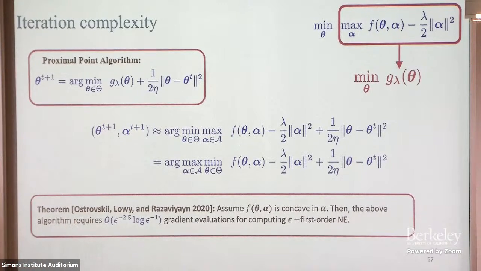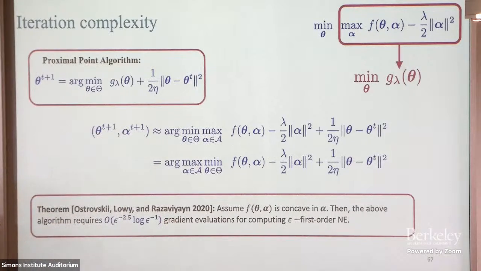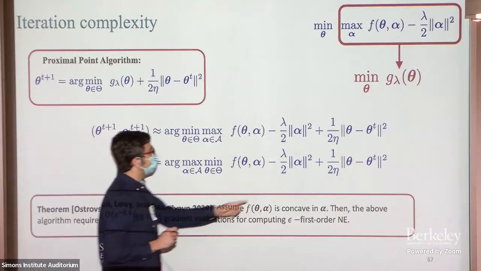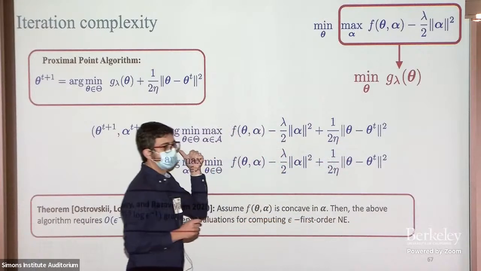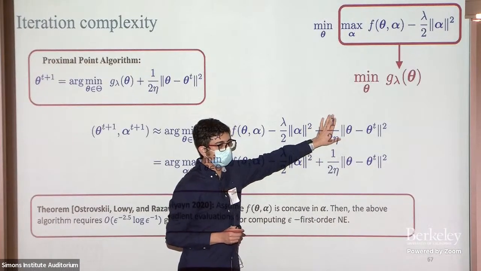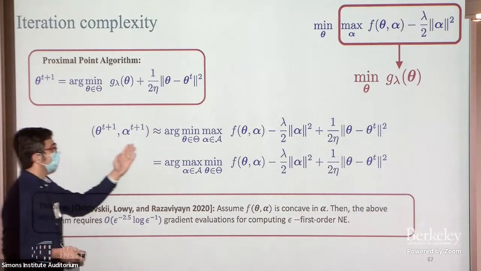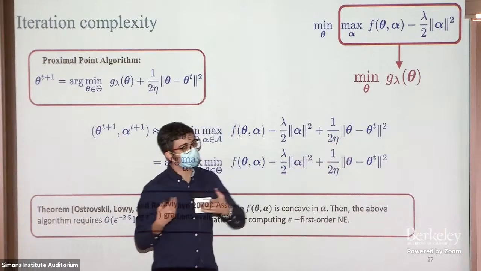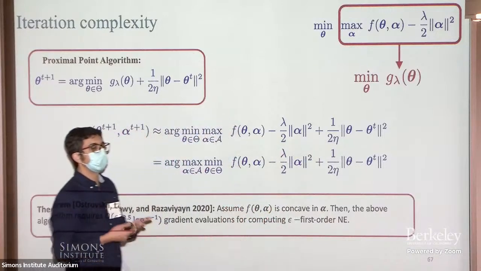Yes. To be clear, the switch of min and max only holds for eta that is very small, correct? Yeah, it's because the function f is not convex in theta. So I choose my eta to be 1 over 2L, where L is the Lipschitz constant of f. If I do that, 1 over 2 eta becomes L. So if you add L, your Lipschitz constant of your entire function with respect to theta is 2L, your strong convexity modulus is L, so we have 2L over L, and your condition number is 1.